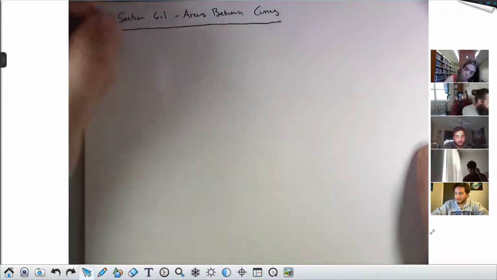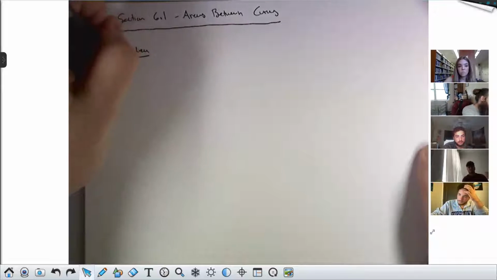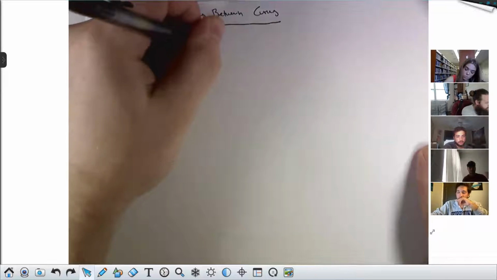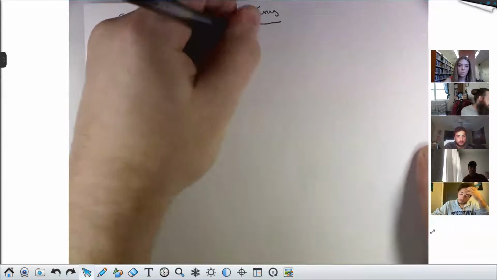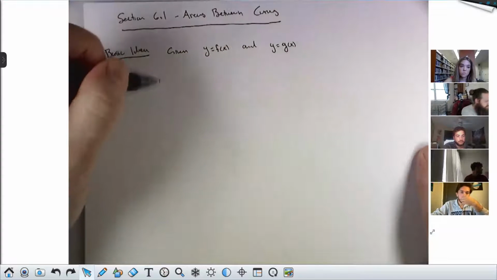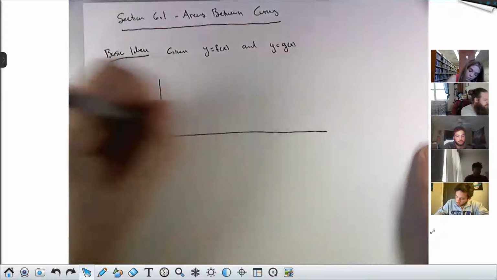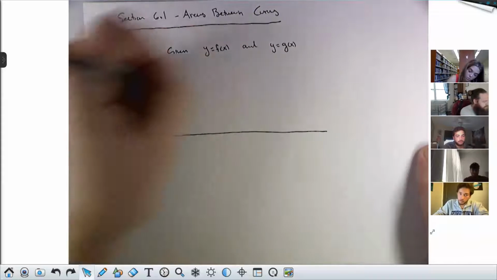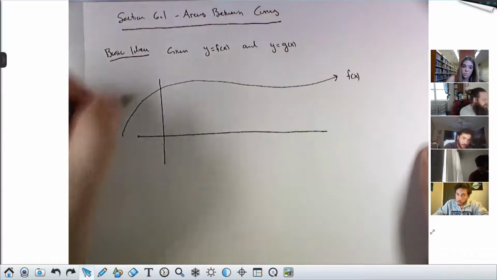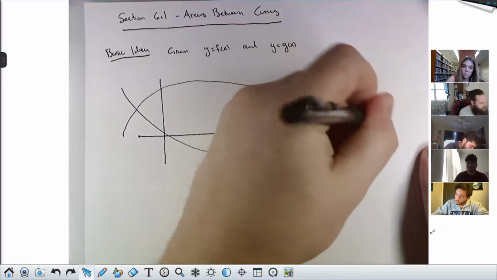The basic idea is this. Given two curves, y equals f of x and y equals g of x, I can try to find the area between them. So I'll call this one f and this one g.